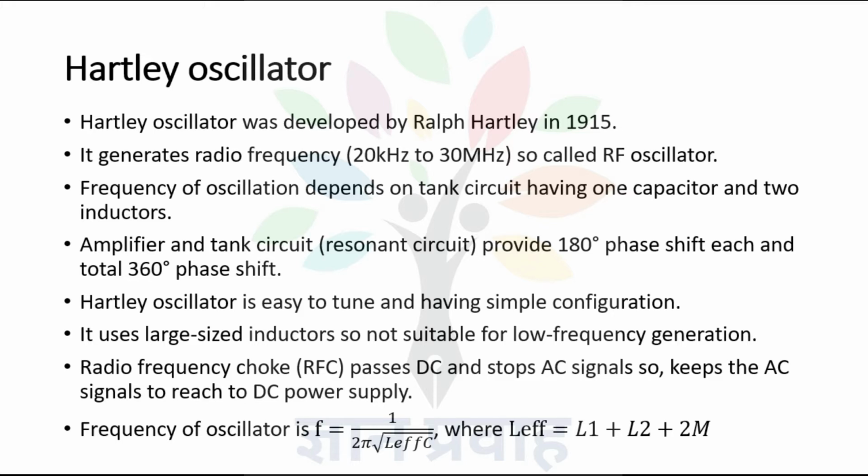So inside this feedback circuit there is one capacitor and two inductors, and the frequency of oscillation depends on these components. The amplifier provides 180 degree phase shift and the tank circuit must provide 180 degree phase shift so that it generates 360 degree phase shift for the oscillation purpose.